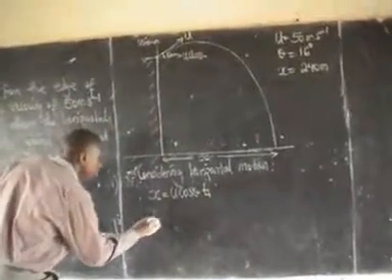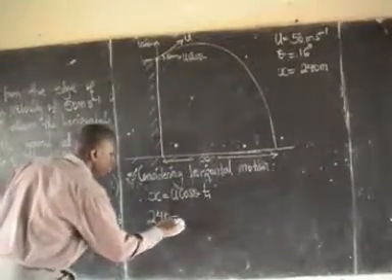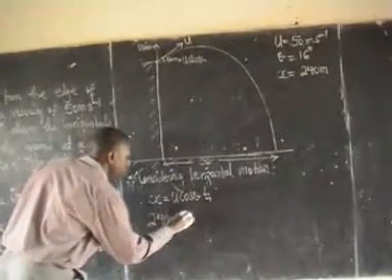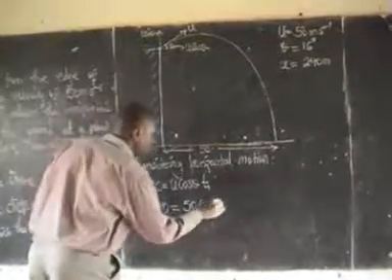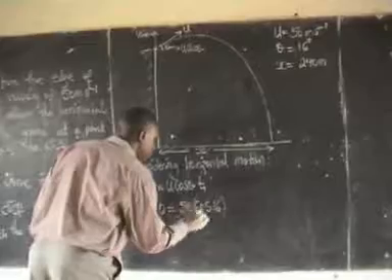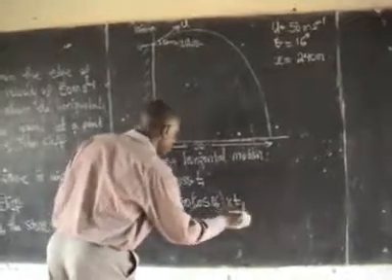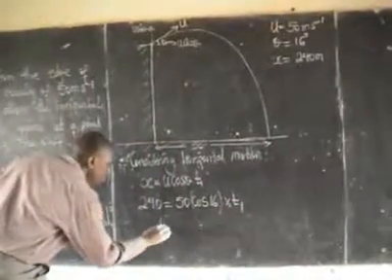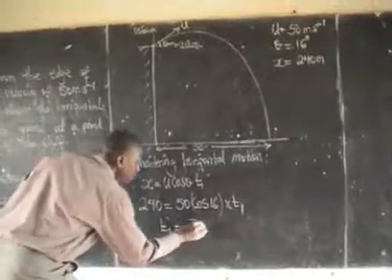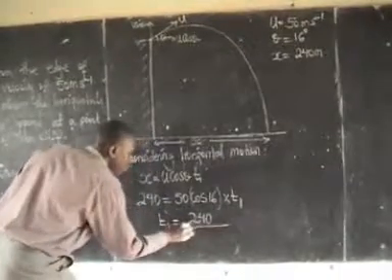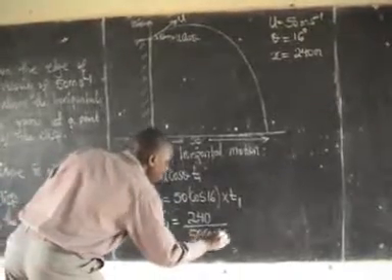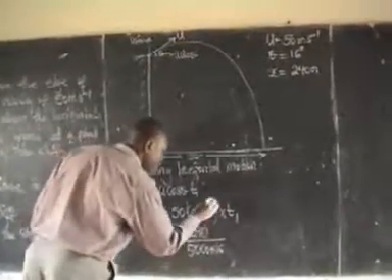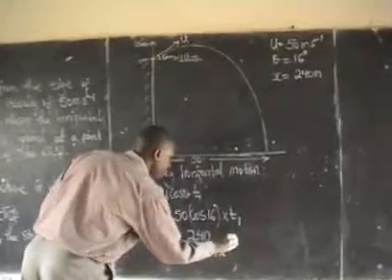Substituting the values, 240 will equal u, which is 50, my theta is 16, times t1. So make t1 the subject, you get 240 divided by 50 cos 16 degrees.